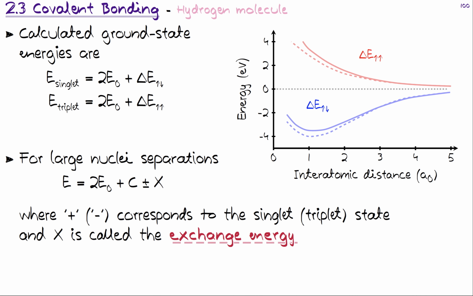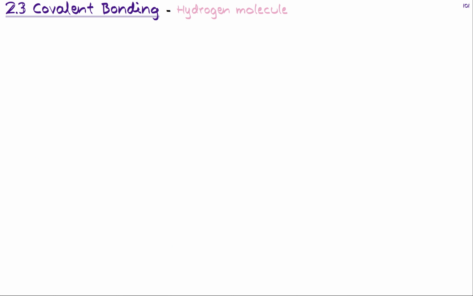And the nice thing about this is that this is exactly the kind of mathematics and energy states that we're dealing with when we are speaking of magnetic ordering. So it's somehow nice to see that the same kind of behavior seems to be repeating again and again in different physical systems.